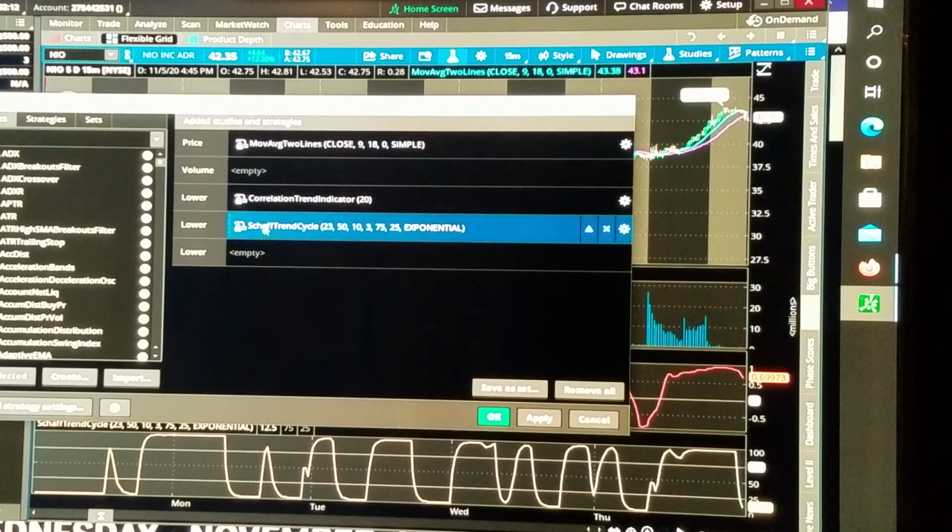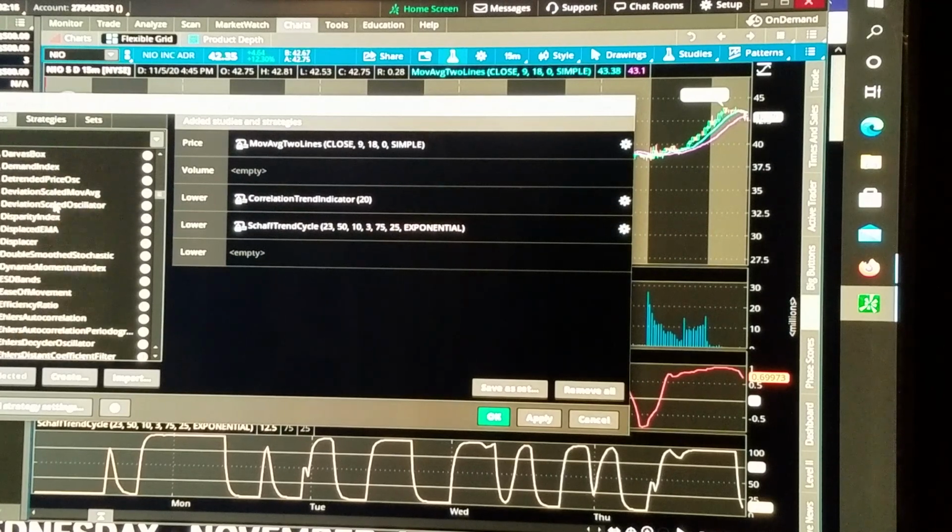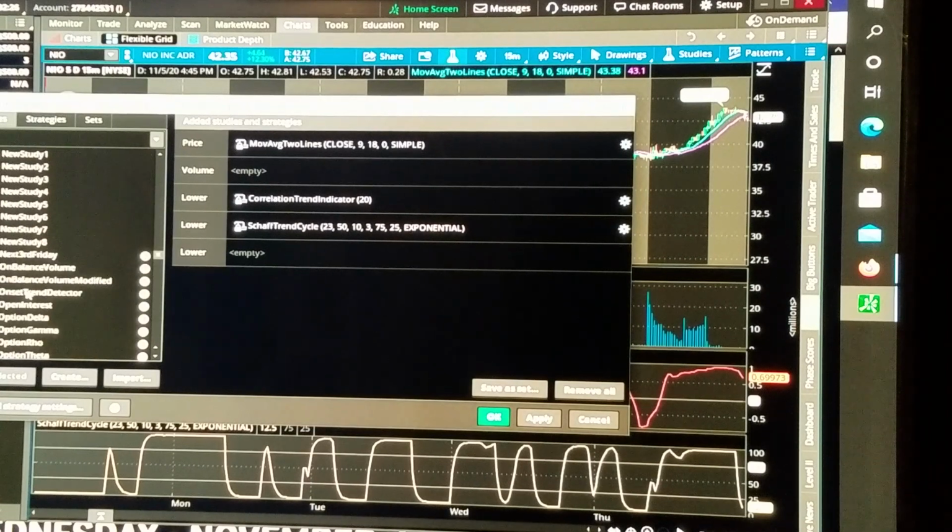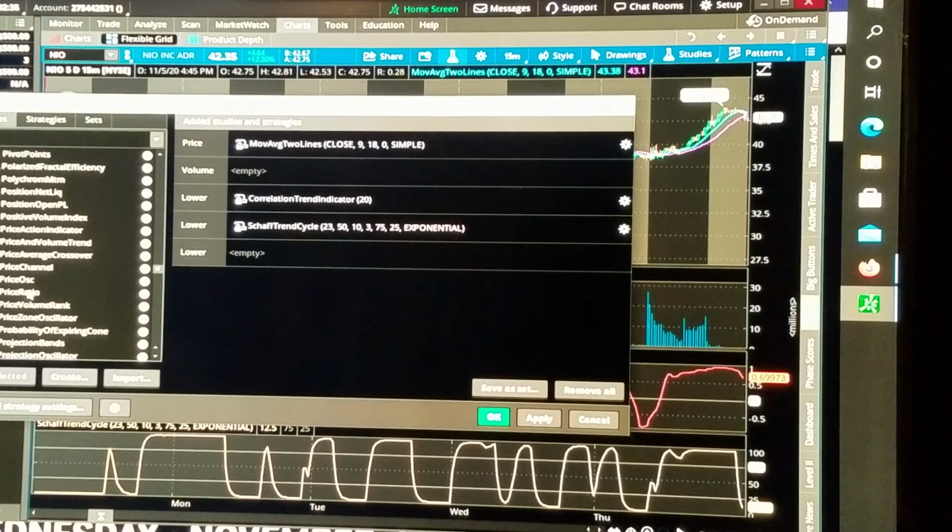And if we were to even throw in another stochastic, a slow stochastic, a fast stochastic, or even, say, inertia, or let's go with something easy to read. By easy to read, I mean like up and down.